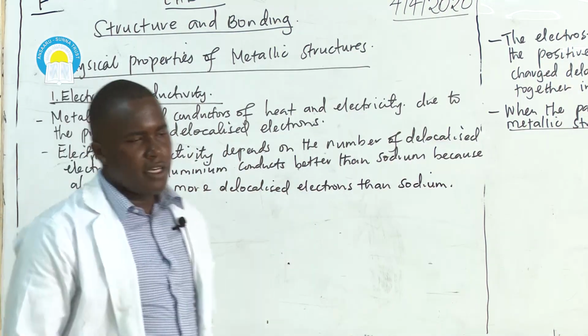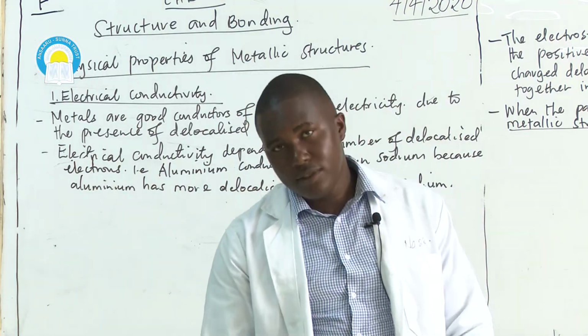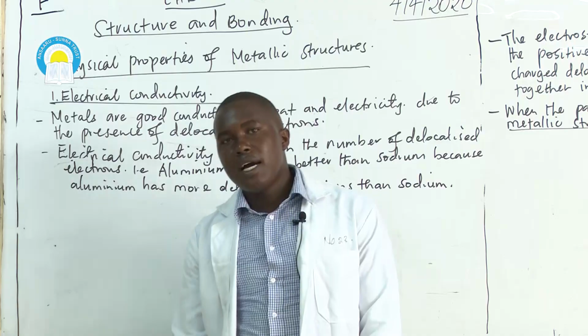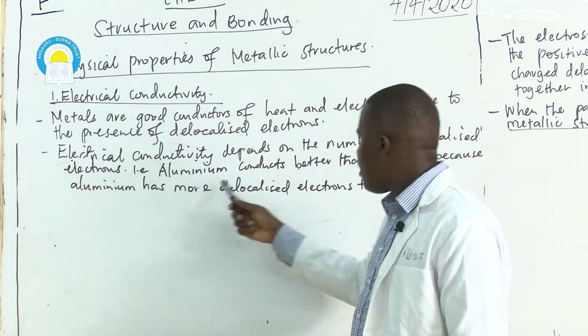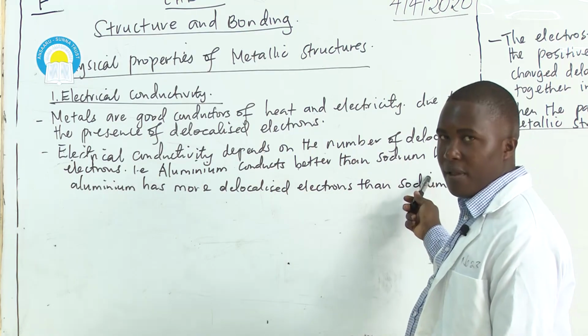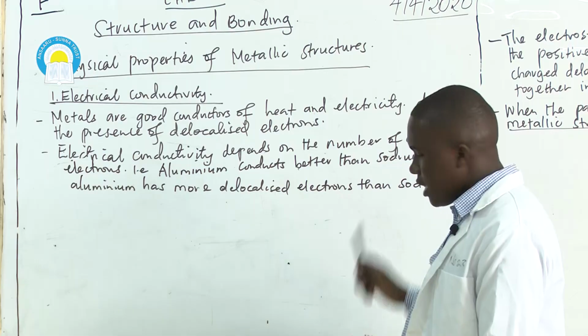When you look at the aluminum metal, it has 3 delocalized electrons, while sodium has 1. And that's why we are saying that aluminum conducts better than sodium, because aluminum has more delocalized electrons than sodium.